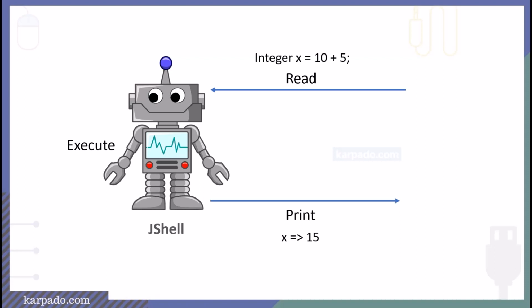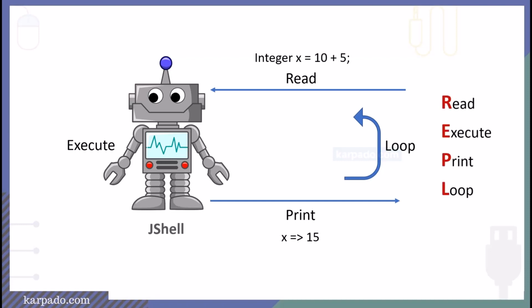And the same process would be repeated again and again, which means it's going to allow the user to enter something once again. It's going to execute it and print some results. So that's read, execute, print, loop. Read, execute, print, loop, or simply REPL.